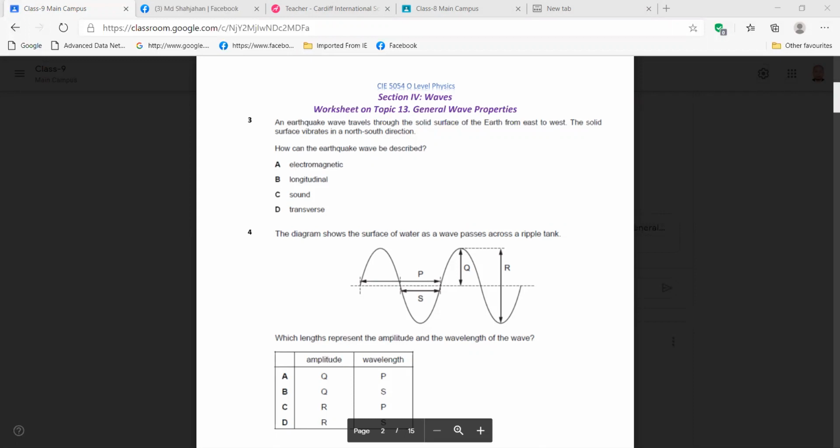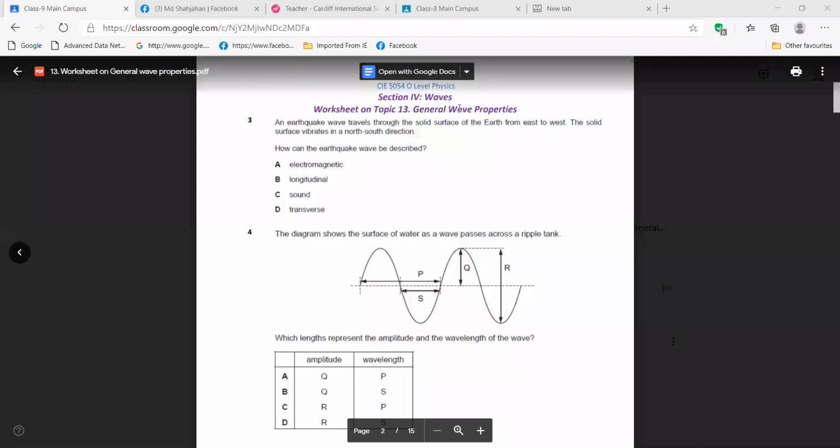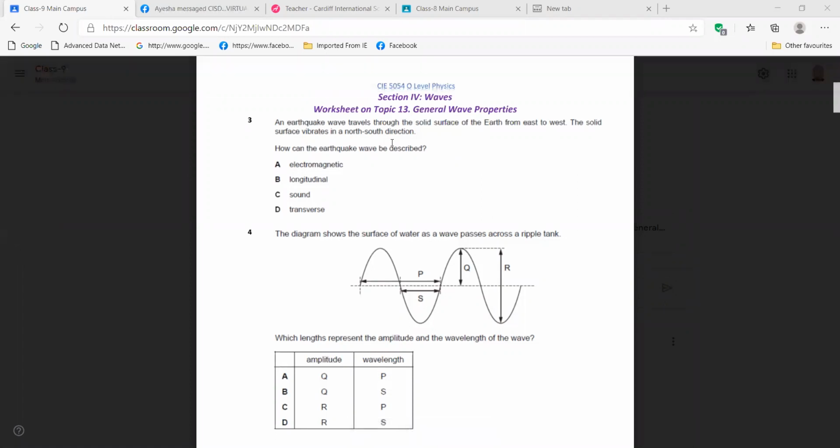Keep your microphone on, everyone, so that I can ask you and you can answer promptly. Farabi, read question 3. An earthquake wave travels through the solid surface of the earth from east to west. The solid vibrates in a north-south direction. How can the earthquake wave be described?